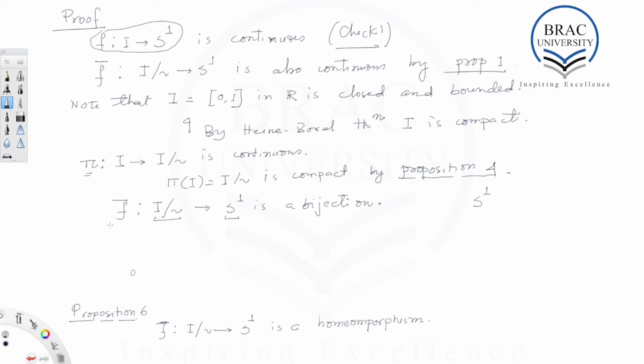This is a continuous bijection from a compact space to a Hausdorff space. Therefore, by proposition 5, f bar from this compact space to the Hausdorff space S1 is a homeomorphism. QED.